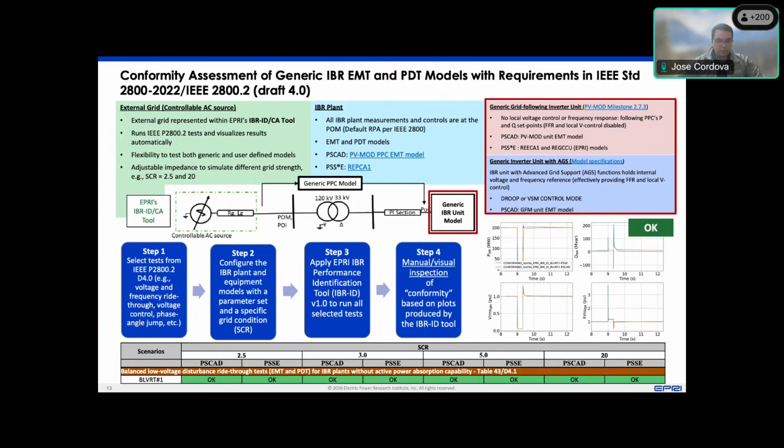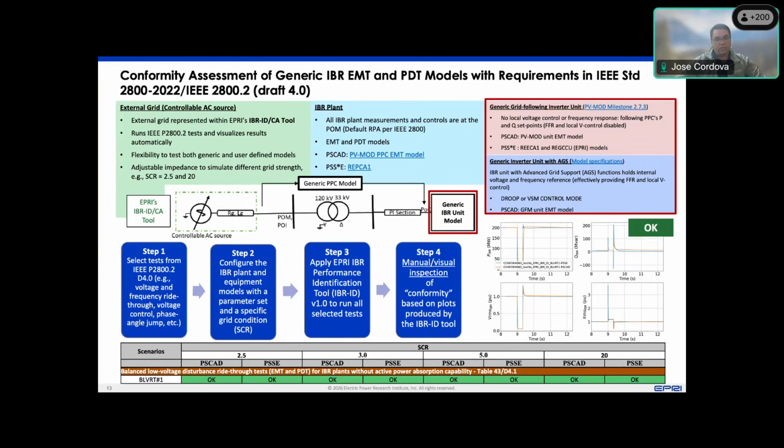And as step one, what we did in this project was to select some tests from DOT2: voltage and frequency ride-through, voltage control test, and also phase angle jumps, and also applying faults to this IBR plant to do this conformity assessment.